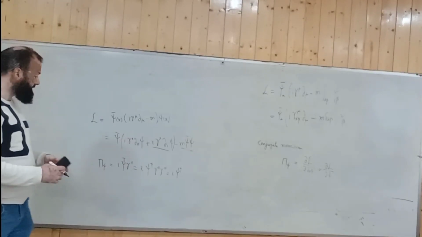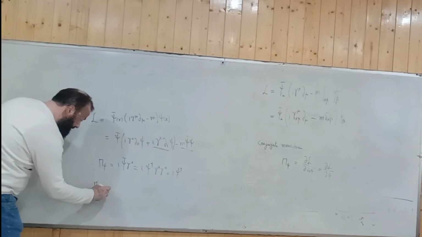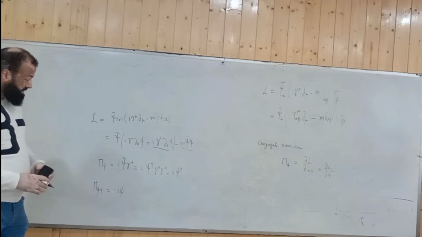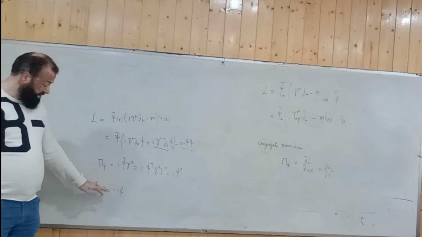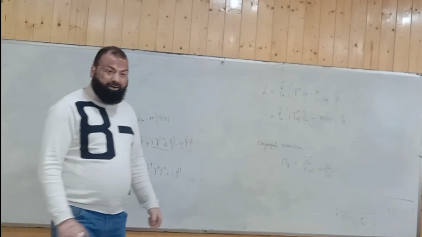So the psi dagger is the conjugate momentum corresponding to psi, and psi is the conjugate momentum corresponding to psi dagger.